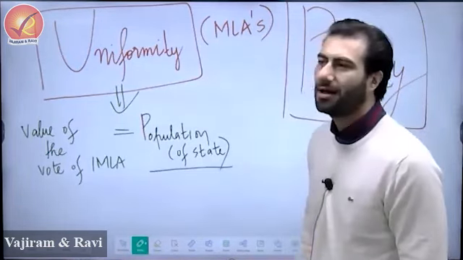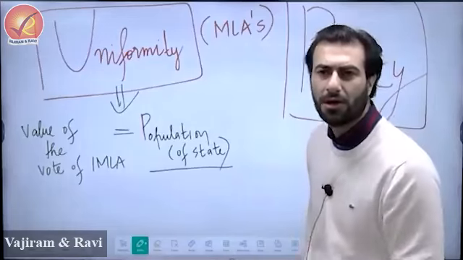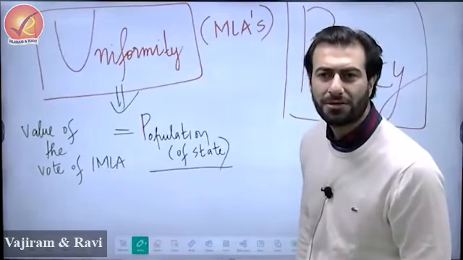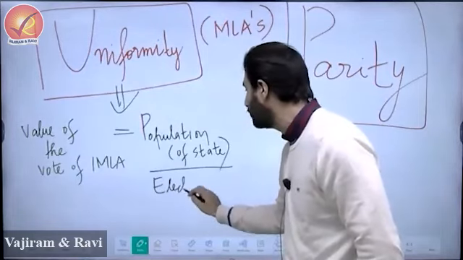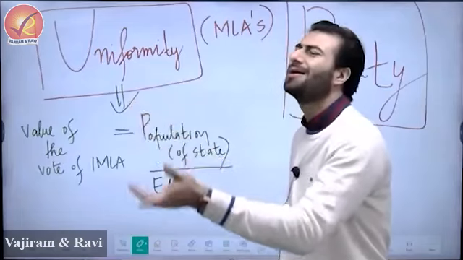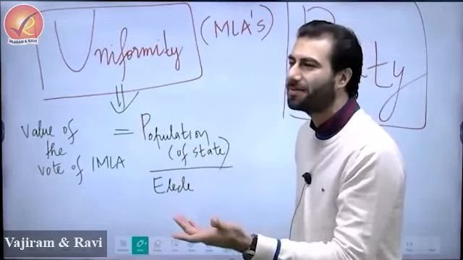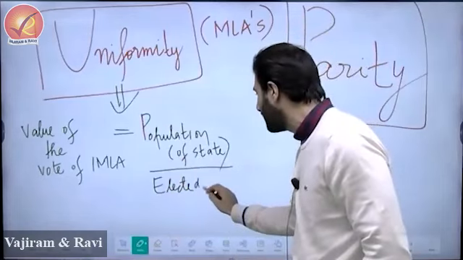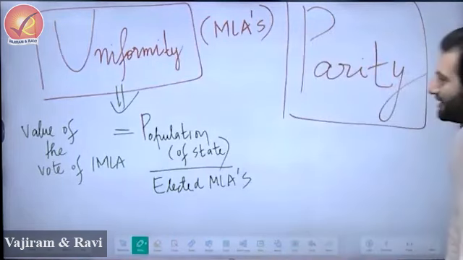divided by, as you pointed out, visible in the end or not if I write it here? If not, then you point out. Population of the state divided by, as you pointed out, you said MLAs. I'll just prefix a simple fact. We know that elected MLAs participate. So I'll just write down, divided by the number of elected MLAs.